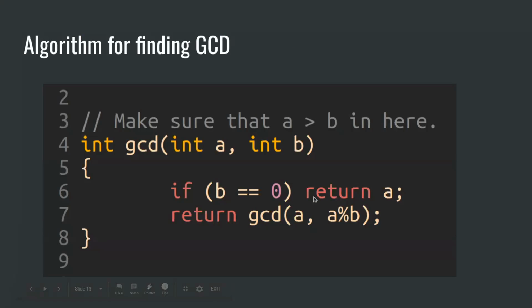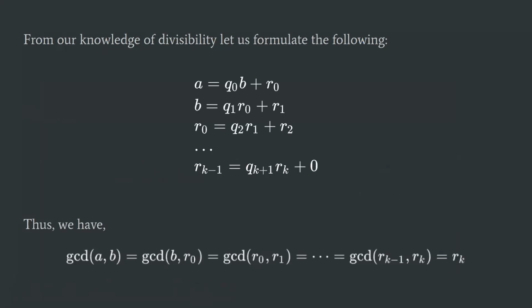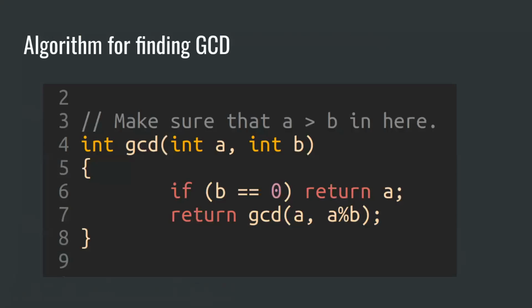Then when B is equal to 0, you return A, and you return the GCD of A comma A mod B when B is not equal to 0. So this is the code for finding GCD. This comes handy a lot of times when you need to get something done. But also one thing that you have inbuilt in C++ is __gcd, if I'm not wrong. Yeah, so you can use that inbuilt function as well to solve questions related to GCD.